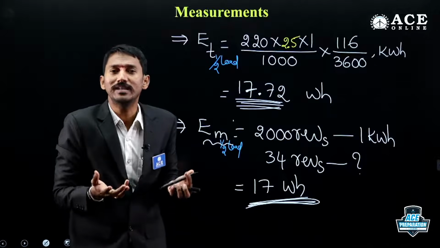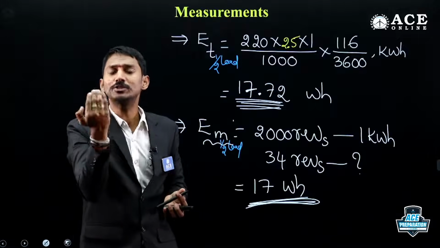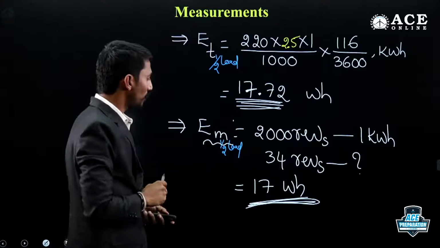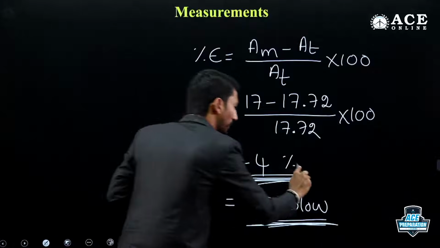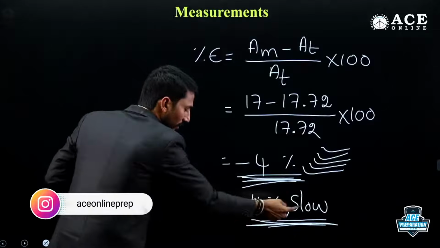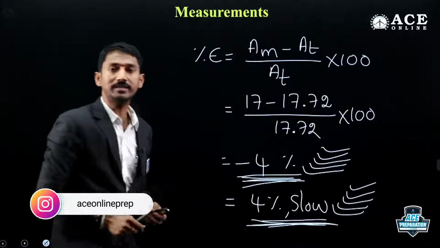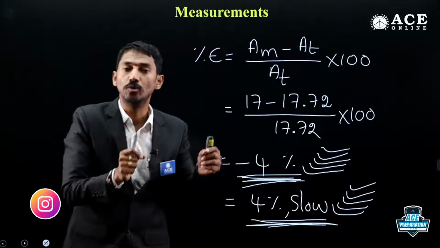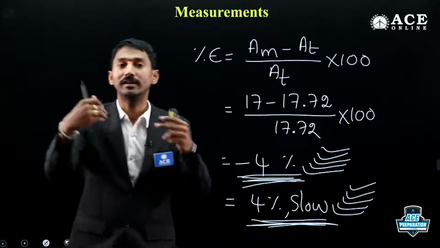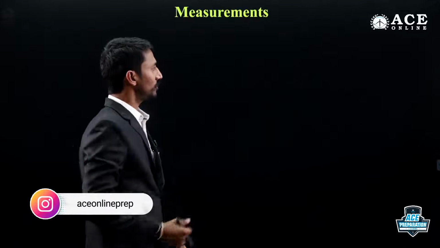Obviously, meter reading is less means the disk speed is also less only. That's why either they mention it with a negative sign, or they remove the negative sign and mention the nature as slow, meaning the energy meter is running slowly compared to what we require. That is the point. Clear? Let us see one more question.